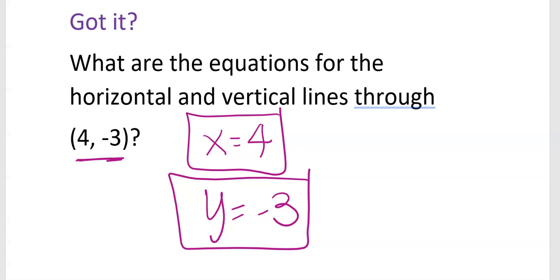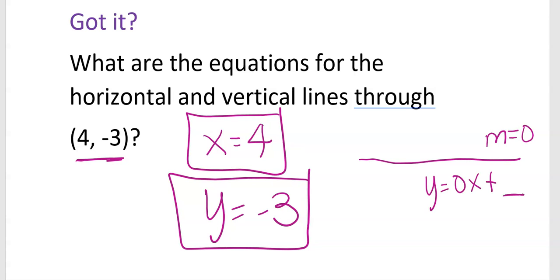But remember, the line that goes horizontally has a 0 slope. So it would be like a y equals 0x plus whatever that b number is. The other one is an undefined slope. That means that it's vertical, it doesn't have a slope, and a lot of times that one doesn't cross the y-axis at all. So you can't have a y in there either. So this is an x equals equation.